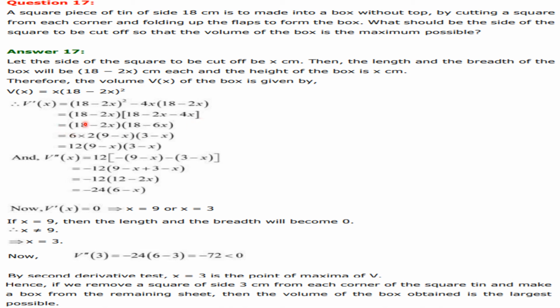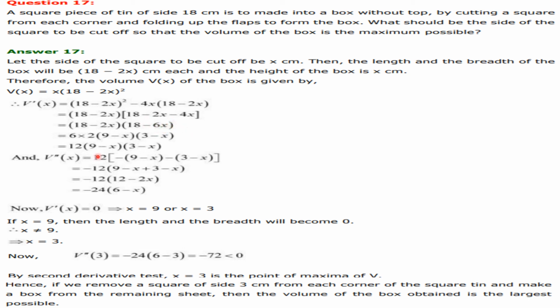That is equal to, we write this 18 minus 2x as it is, into, in this bracket, we are simplifying the like terms. We write 18 as it is. Here these two terms are like terms, so minus 2x minus 4x. What will you get by simplifying these two terms? Minus 6x. Understood this step, my children?